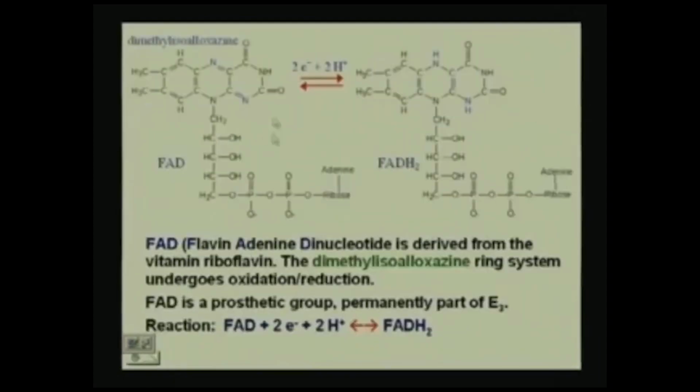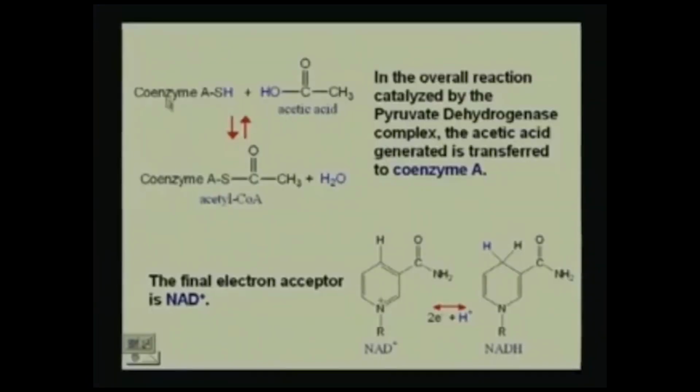Okay. Then we also have FAD. FAD is part of enzyme E3. Okay. So we have E1, that is TPP, E2, that is that lipoamide, and E3, that is our FAD. Okay. So basically what is happening, we have coenzyme A, that's the thiol, with the acetic acid forming acetyl-CoA, and the final electron acceptor, because FAD is going to get to FADH2, okay, but it has to get back to FAD so that it can react again.